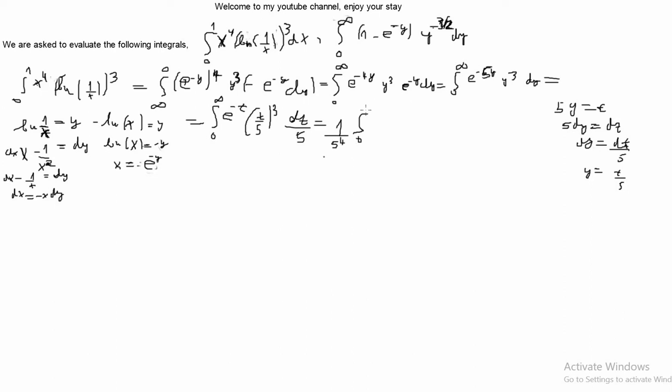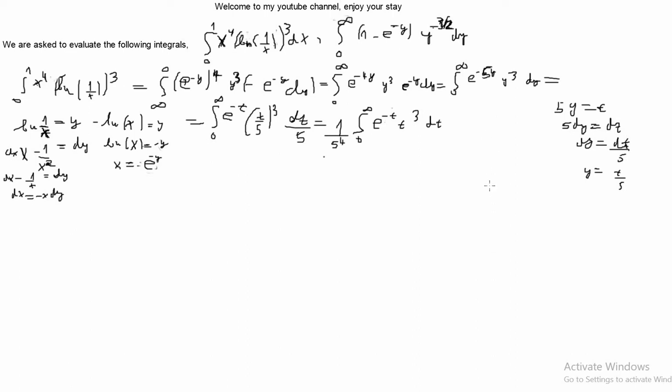From 0 to infinity, e to the power of negative t, t to the power of 3 dt. Okay, so what is this actually? This is the reason why we actually did this.